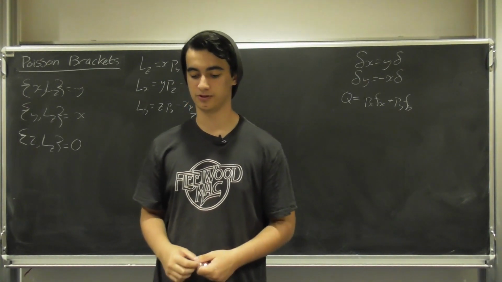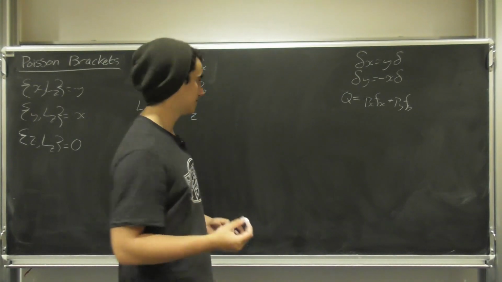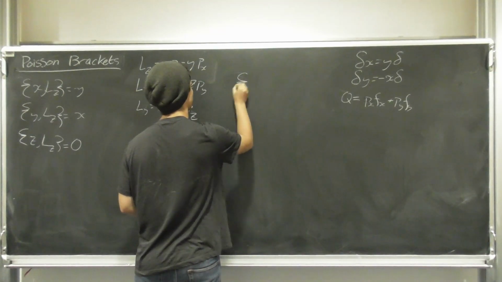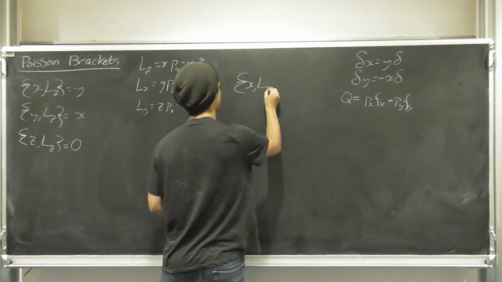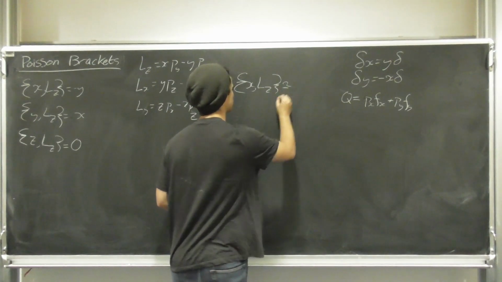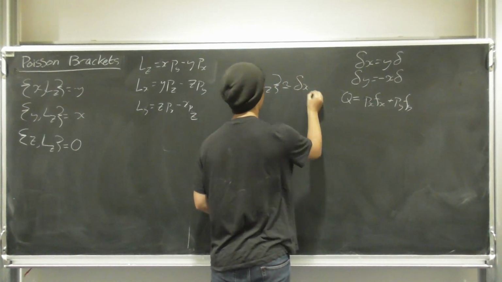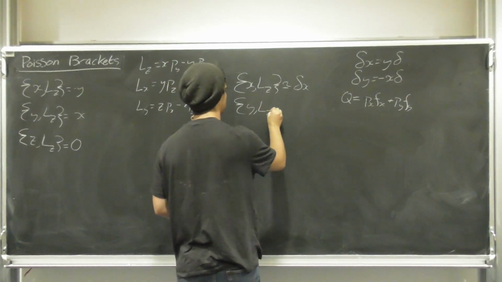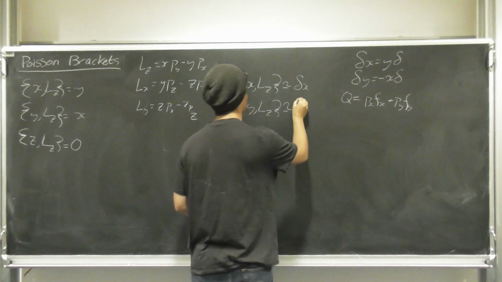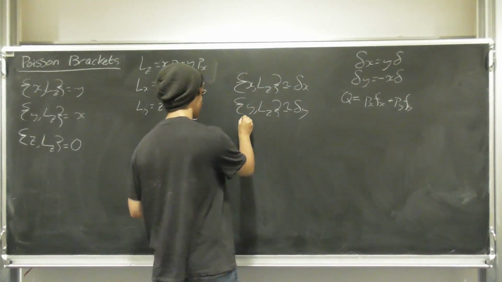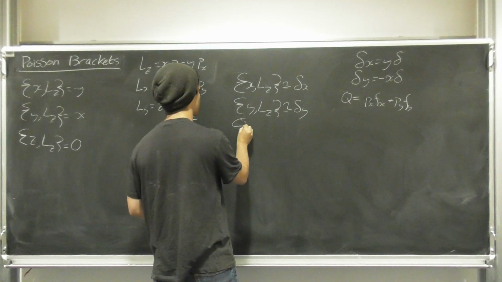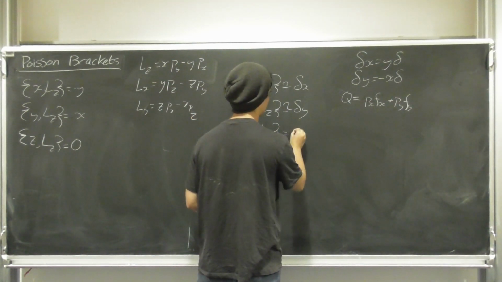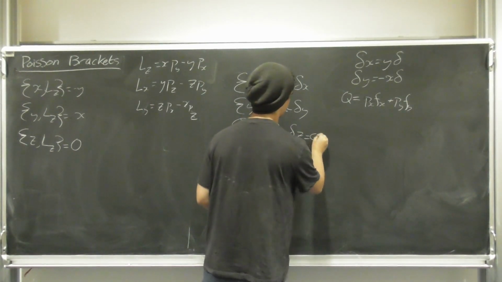So we could therefore say that the Poisson bracket of x with L sub z is approximately equal to delta x, the Poisson bracket of y with L sub z is approximately equal to delta y, and the Poisson bracket of z with L sub z is equal to delta z, which is equal to 0.